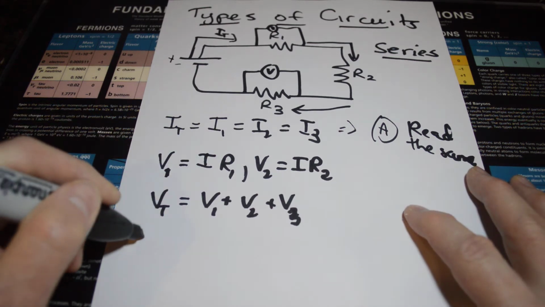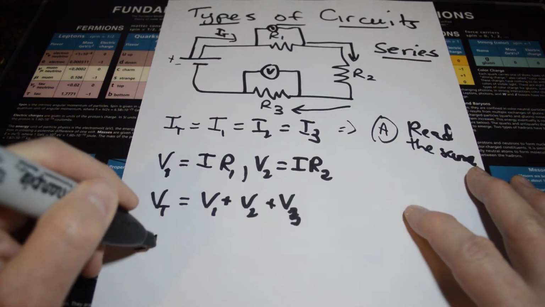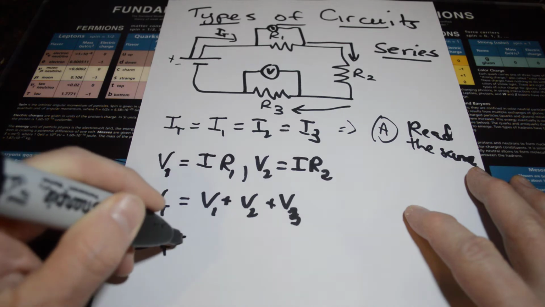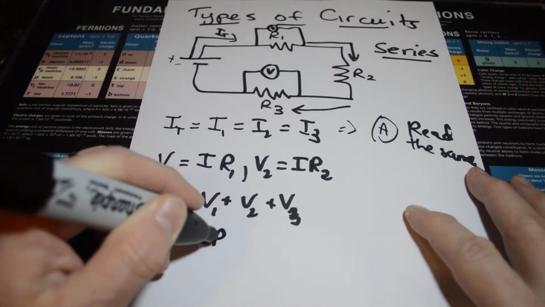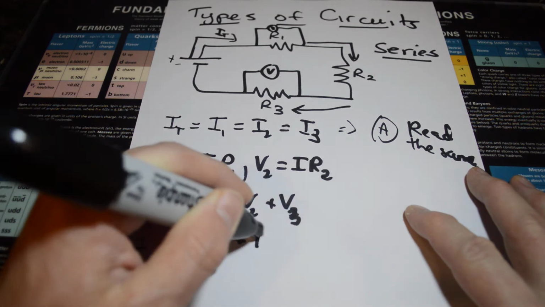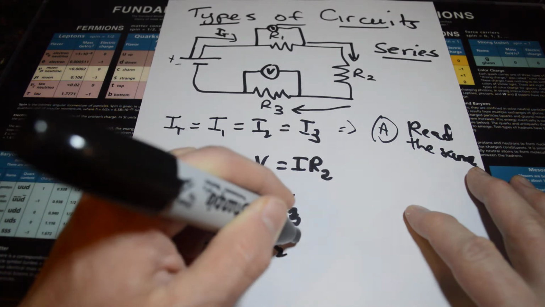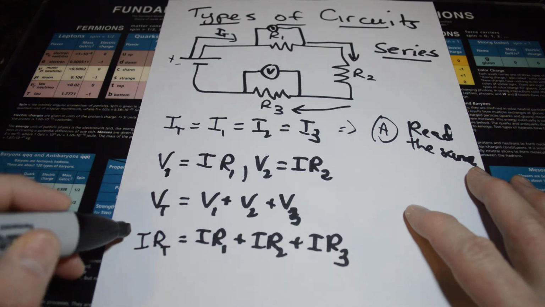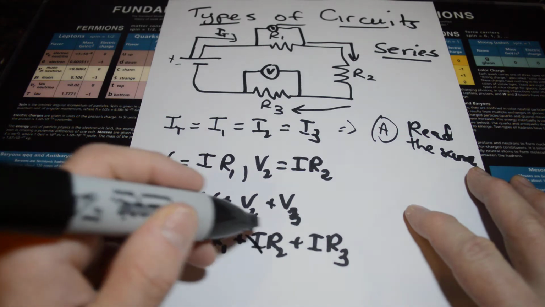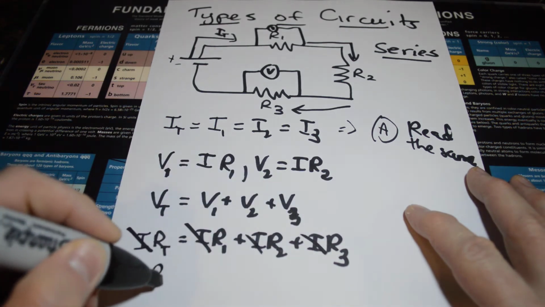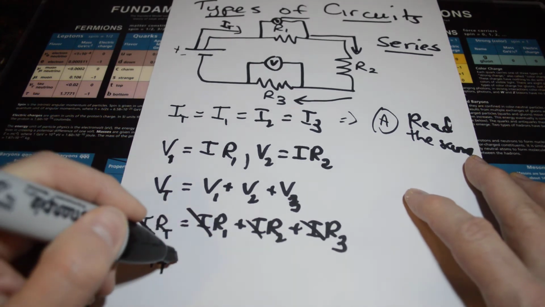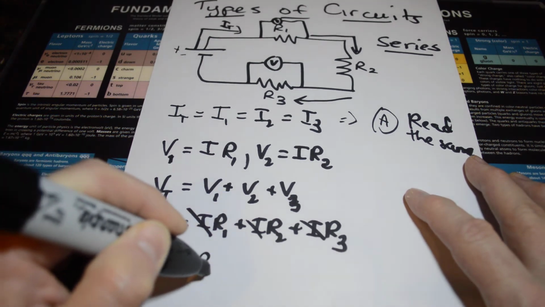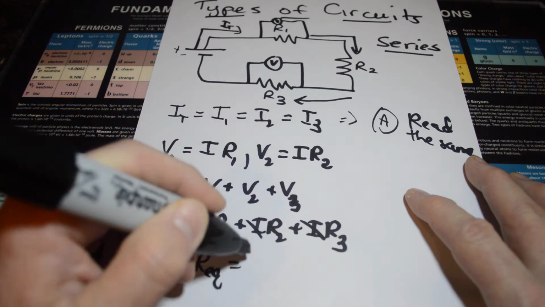And what we want you to realize is that if you put in that each one has the same current times its individual resistance, an interesting thing pops out: the current is the same, and it gives us an equation for what we refer to as the total resistance, or sometimes known as the equivalent resistance, of a circuit.